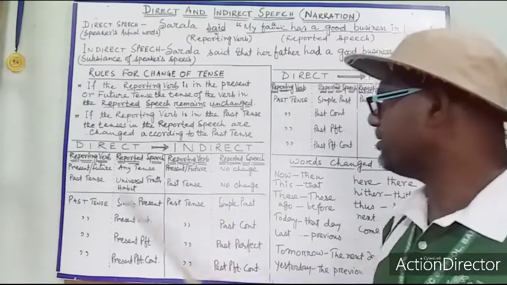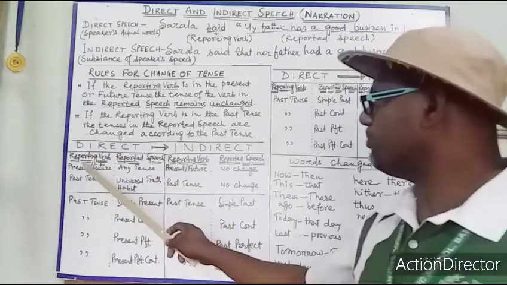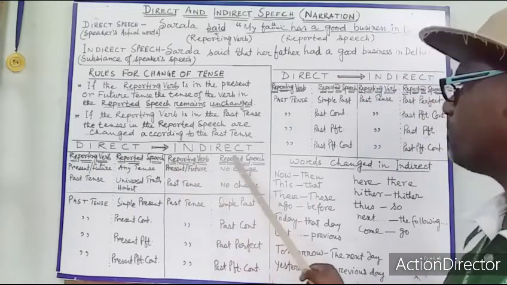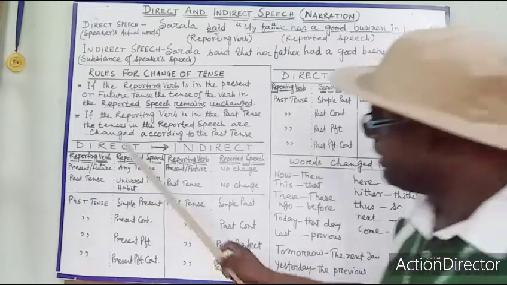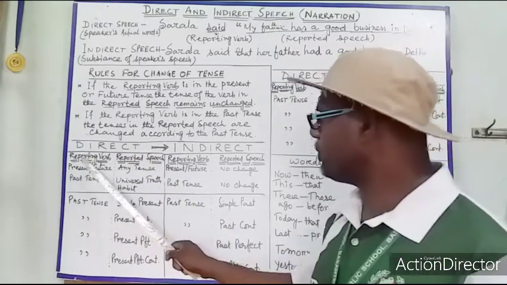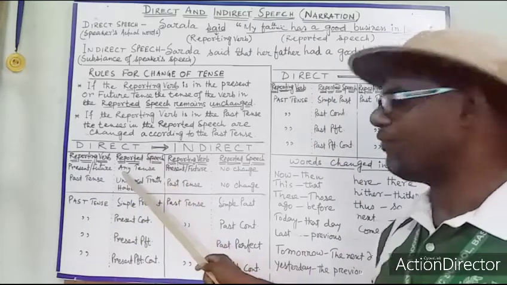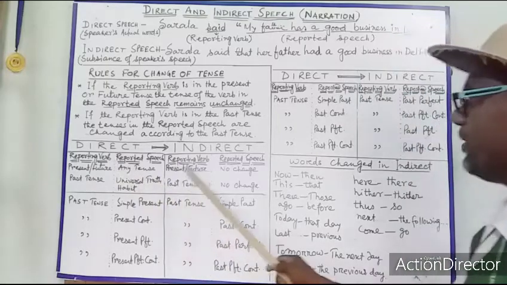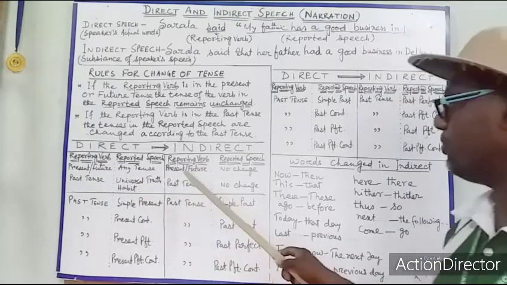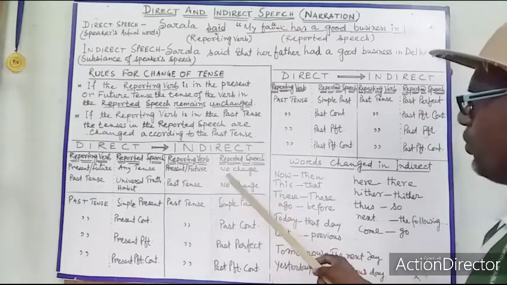I have written here direct and here indirect. Under direct, I have written reporting verb and reported verb. Under indirect also, reporting verb and reported verb. If in the direct speech the reporting verb is in present tense or future tense, with a reported verb of any tense, then in indirect what will it be? Whatever is given in the reporting verb, that will be there, and the reported speech will have no change.